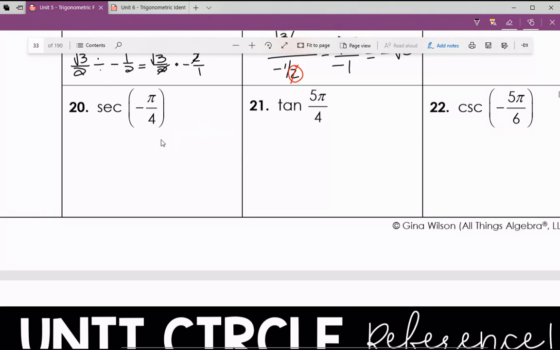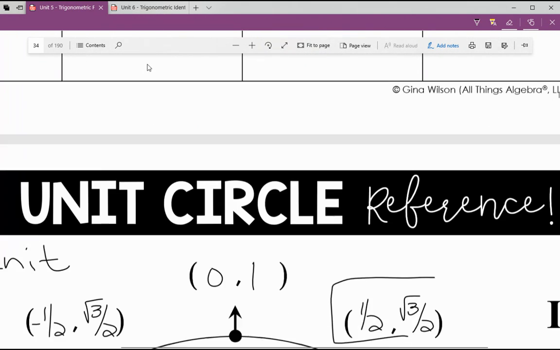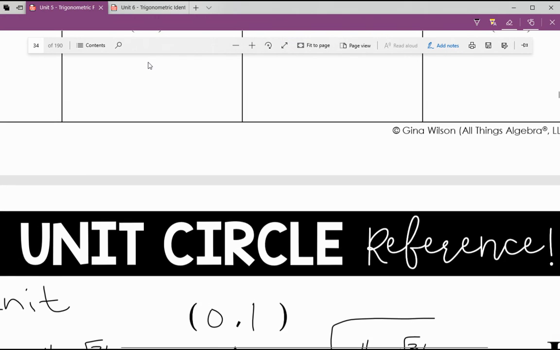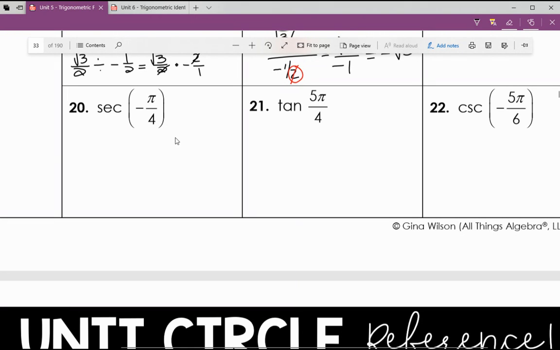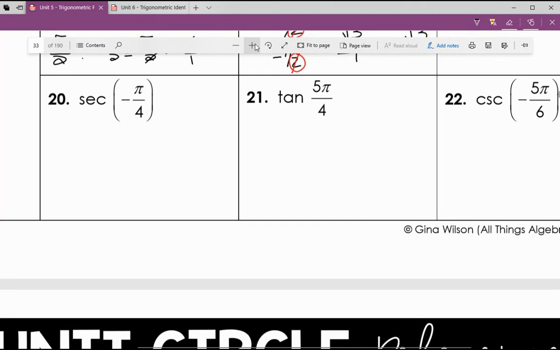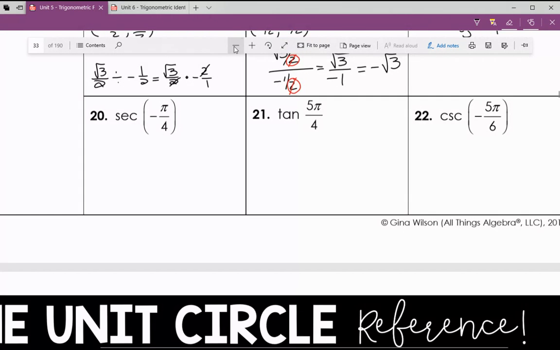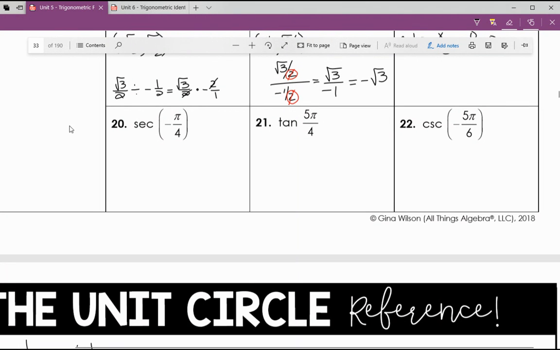Now, here, oh, there's my circle. Here we are rotating backwards, okay? Oops, wrong way. We are rotating backwards. So in order to find the location or the ordered pair, you have to go 45 degrees in a negative direction.